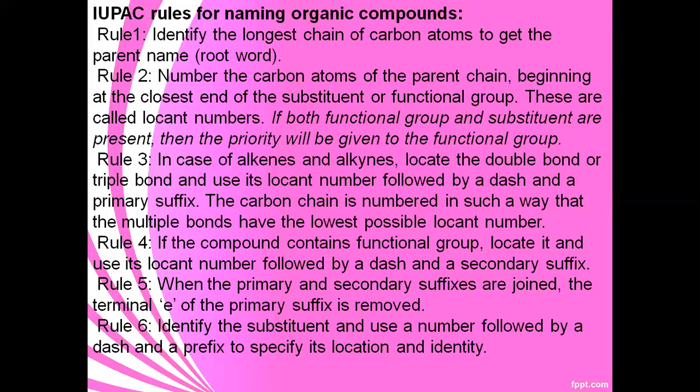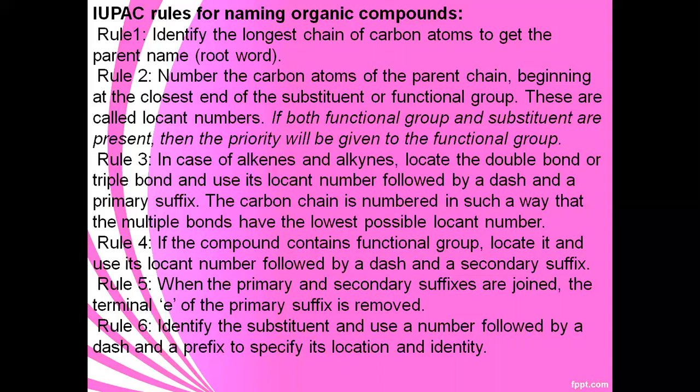Okay. So rule number 3: in case of alkenes and alkynes, locate the double bond or triple bond and use its locant number followed by a dash and a primary suffix. The carbon chain is numbered in such a way that the multiple bonds have the lowest possible locant number.